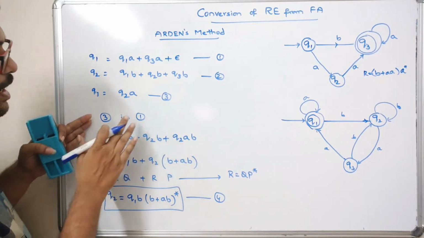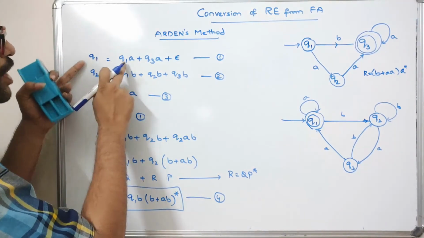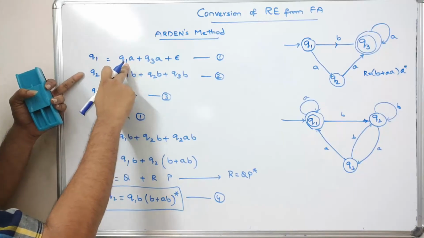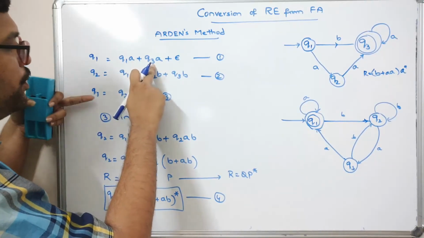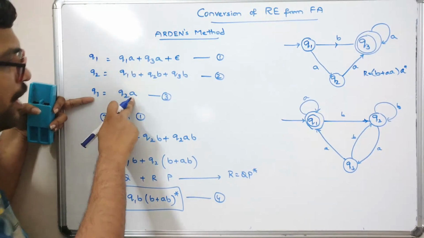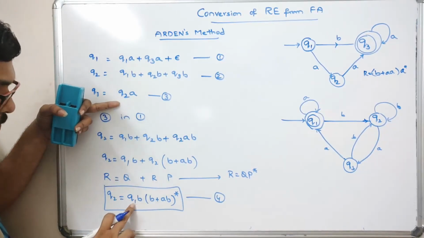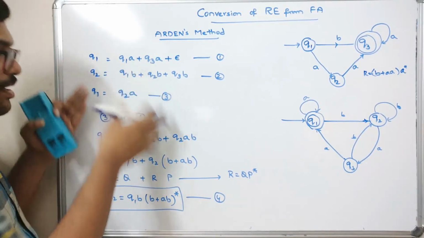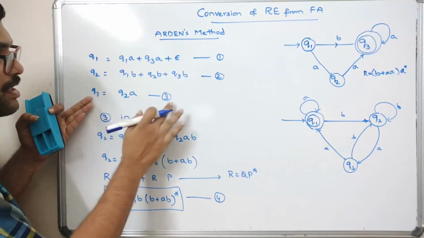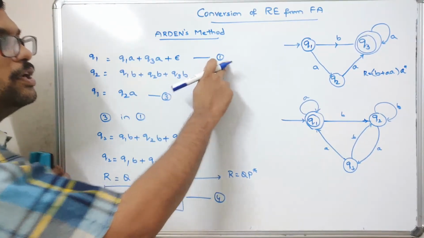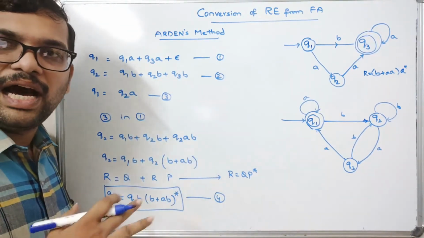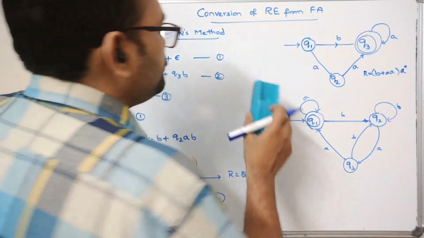Now simply apply it in the first equation. We know the Q1 value, right? Q3 value we know. So Q3 is equal to Q2 into A, and we know the Q2 which is of Q1, so that we can substitute the third equation and fourth equation in one, so that we can make it in Arden's format.